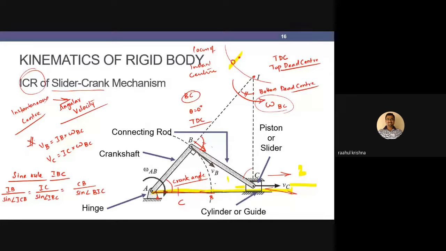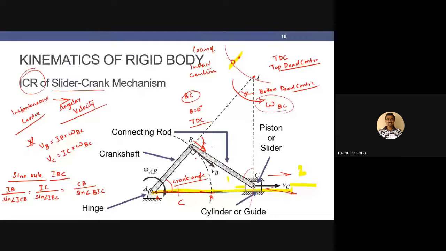Here my direction of plane is in this direction, so perpendicular to that plane. I can also extend it in this direction, but we are not, and I have already explained the reason in the previous lecture. Here at this end, I am given the velocity vector in this direction, and it is perpendicular to link AB.